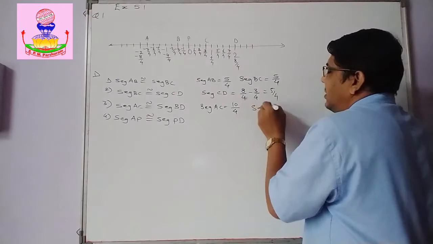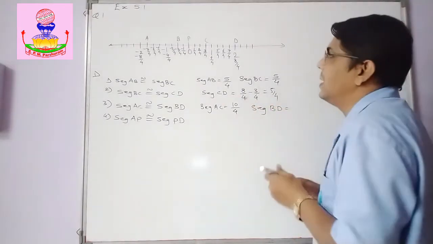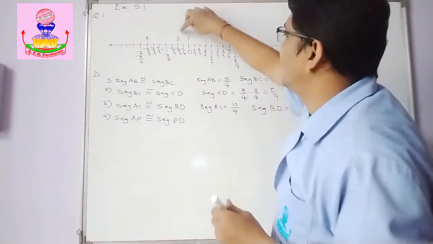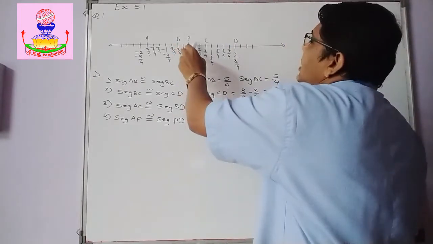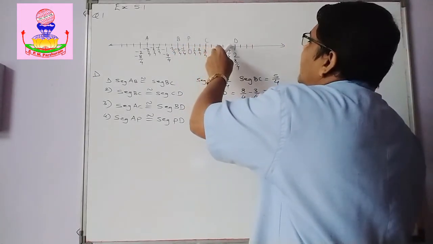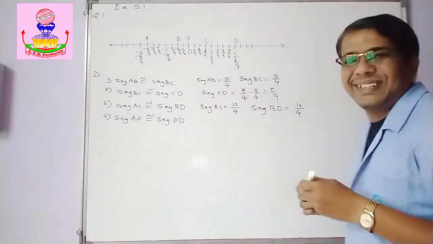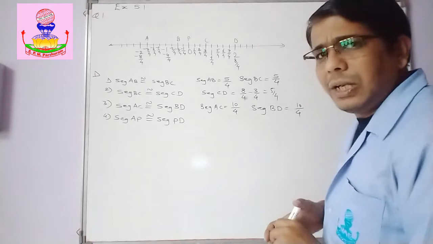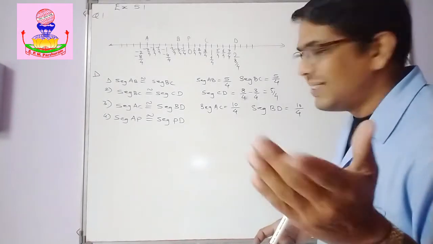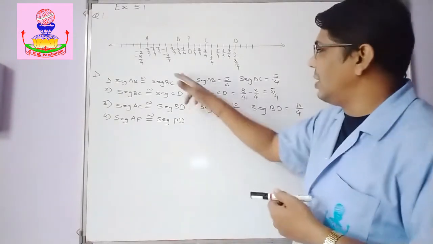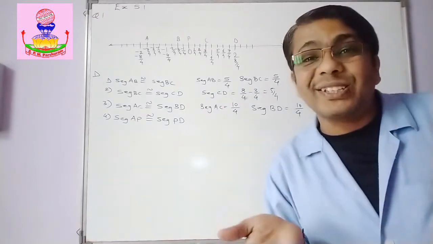Let us check. Segment BD, B and D. So from here, 1, 2, 3, 4, 5, 6, 7, 8, 9, 10. So again it is 10 upon 4. You understand? So are they equal? Yes, they are. So now, that means these all three are true. So which is the false one?